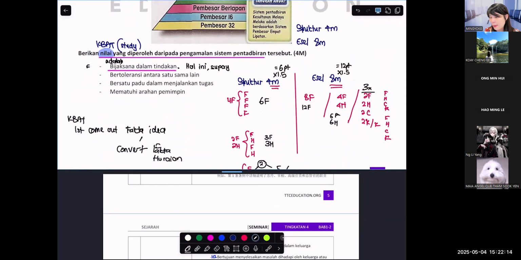Supaya, you see? I bijaksana already so that rakyat, you see I put this as huraian, akan mematuhi arahan pemimpin disebabkan, you can further disebabkan tindakan yang rational or adil. Understand?